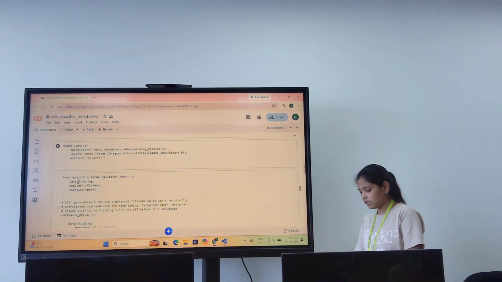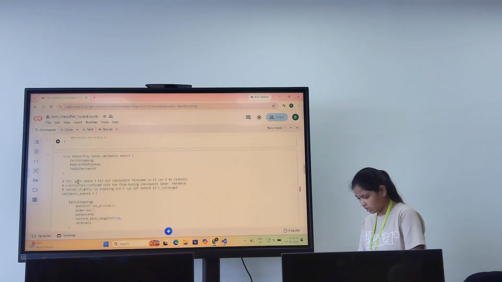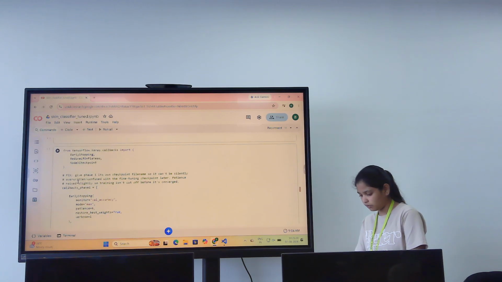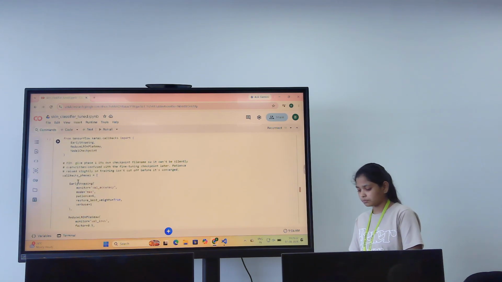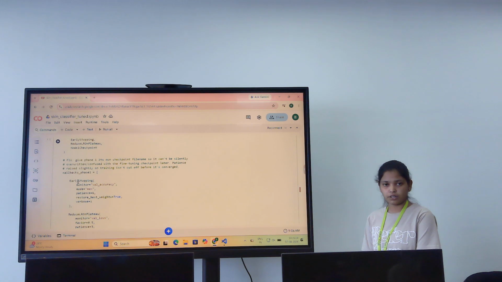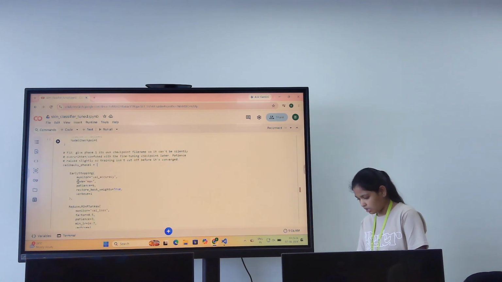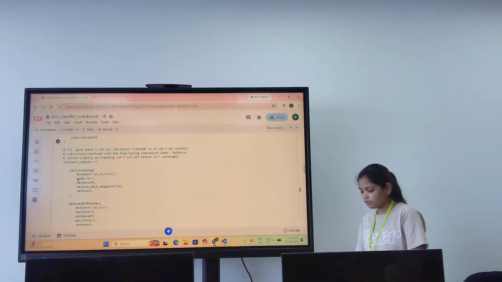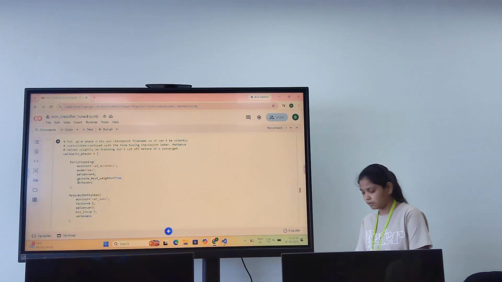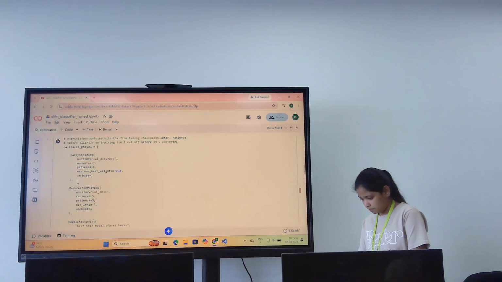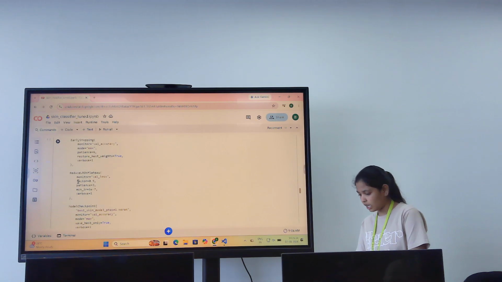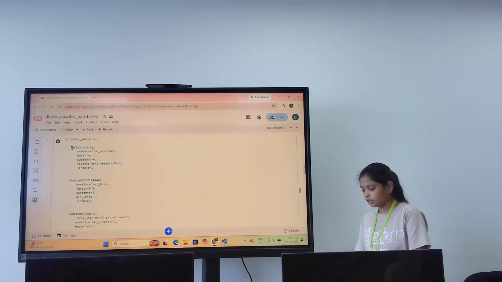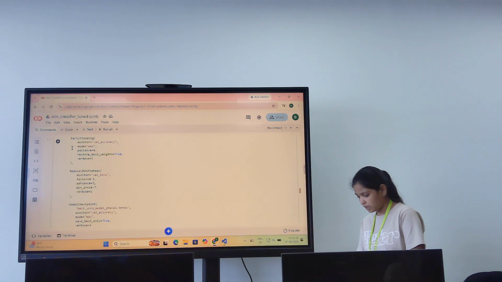I trained the model in 2 phases. In phase 1, I froze the EfficientNet B3 base, and I also included the early stopping method.